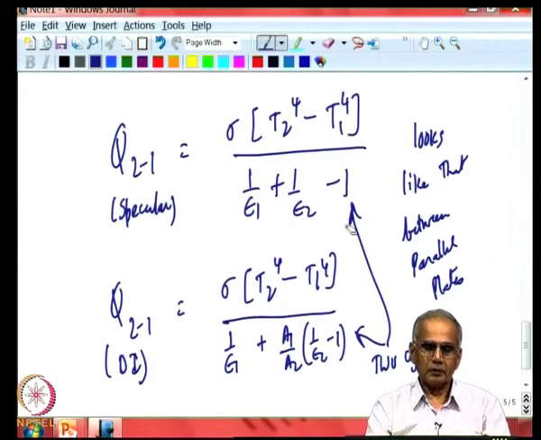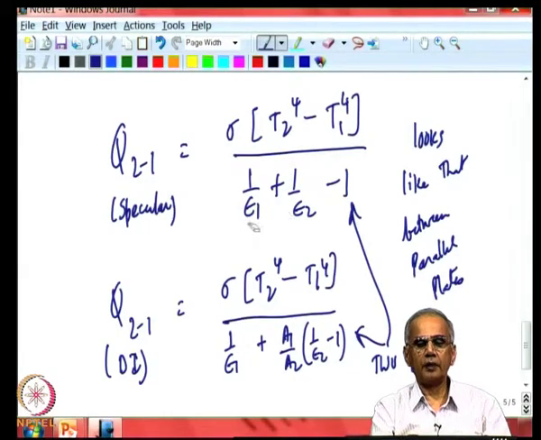Imagine both cylinder surfaces have low emissivity 0.1 and 0.1, and the area ratio is 100. So, this 1 by 0.1 is 10 minus 1, 9, and the ratio is 100. So, you will get 0.09, and here you get 10.